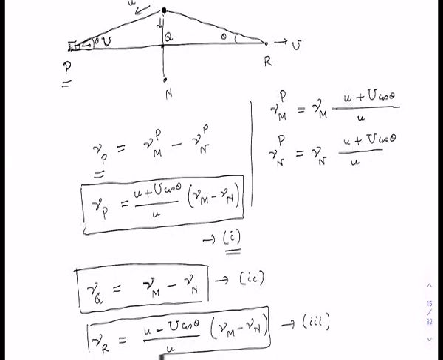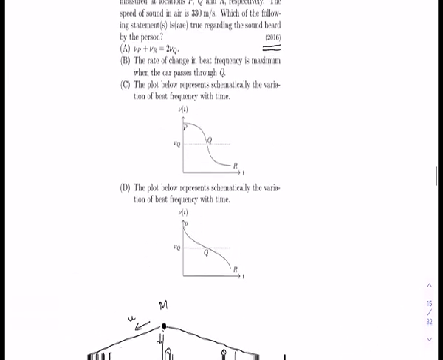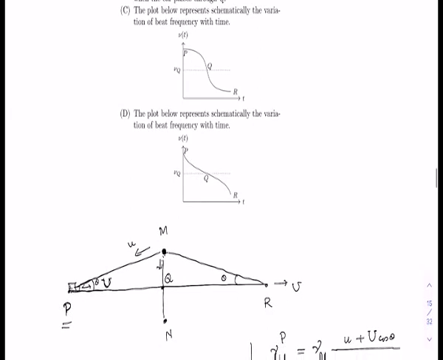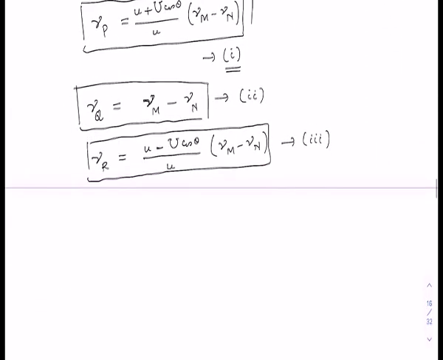Now, as per the first option, it says nu p plus nu r, the beat frequencies at point P and point R, should be equal to twice that of the beat frequency at point Q. Let us check whether that is correct. If I add 1 and 3, you will get nu p plus nu r, and you will have nu m minus nu n common.